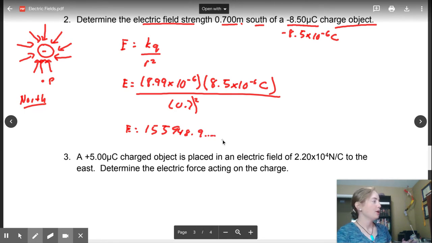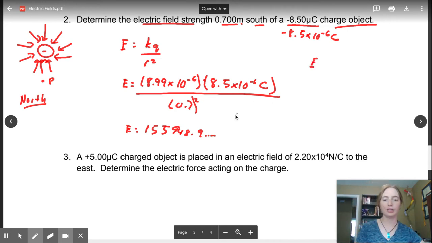Okay. So we have this value. How many sig digs do I want? 3. Okay, we want 3 sig digs. So I'm going to need to put this into scientific notation. 1, 2, 3, 4, 5. So I'm going to look at my rounding here.